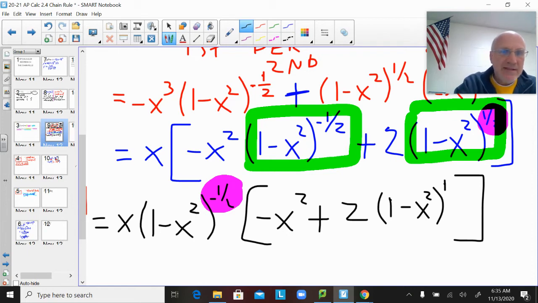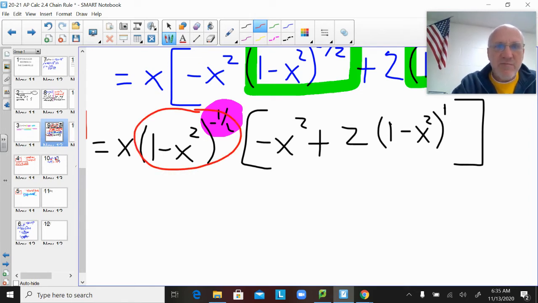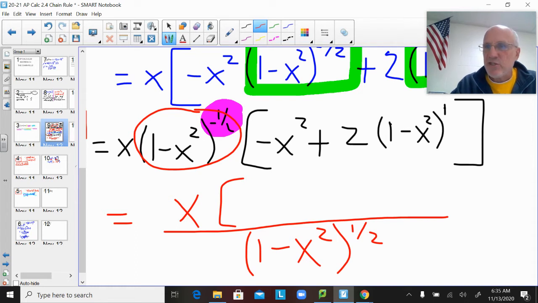All right. Now let's keep cleaning this up. In cleaning things up, we'd only end up with negative exponents, so I would argue that this thing, since it's raised to a negative power, can move to the bottom as (1 minus x squared). On the bottom, it's going to be to the positive 1/2. That x far left still is there. Now let's just clean this up. Let's distribute that 2.